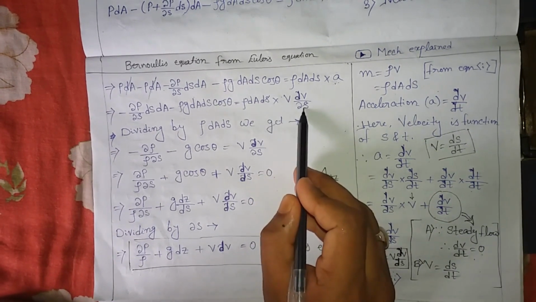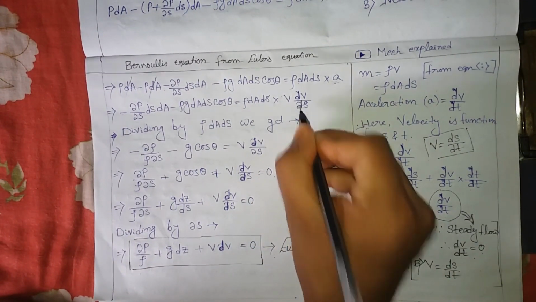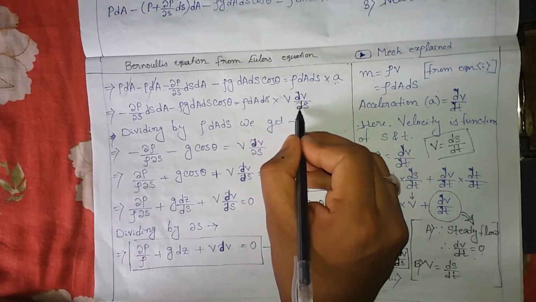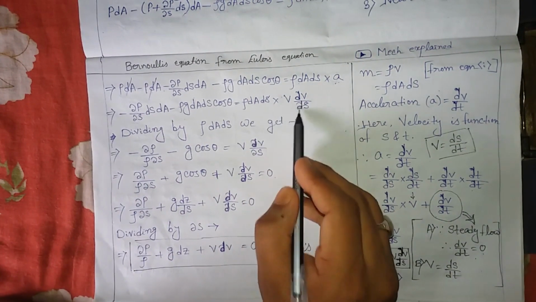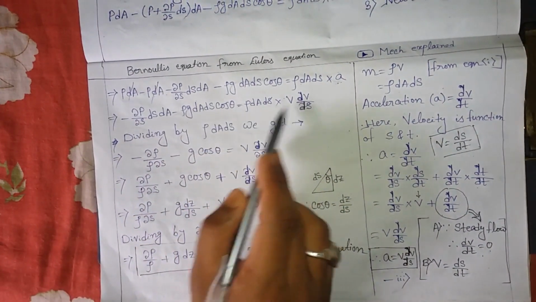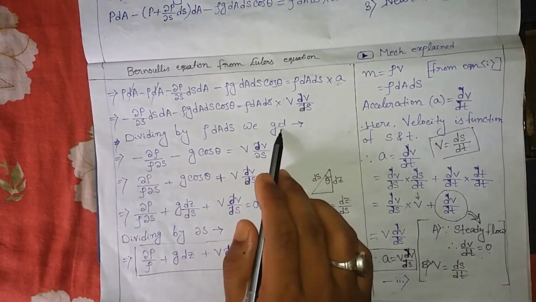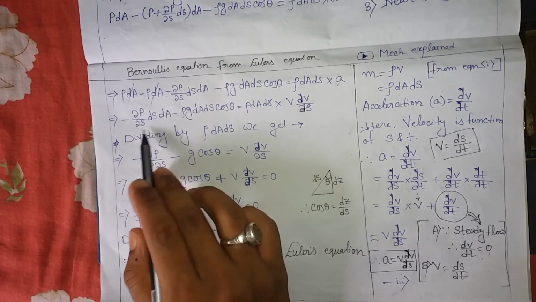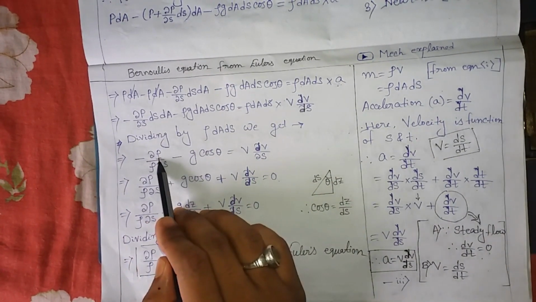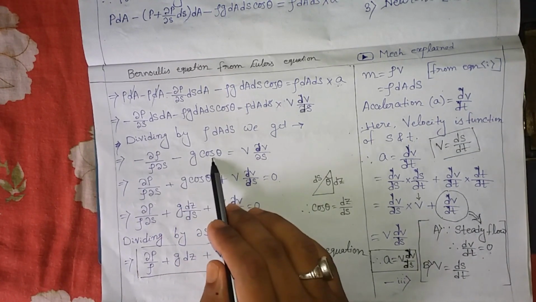So this ds and this ds cancel out. Now we are dividing all these equations by rho dA ds. We will get del p by rho ds, minus g cos theta.